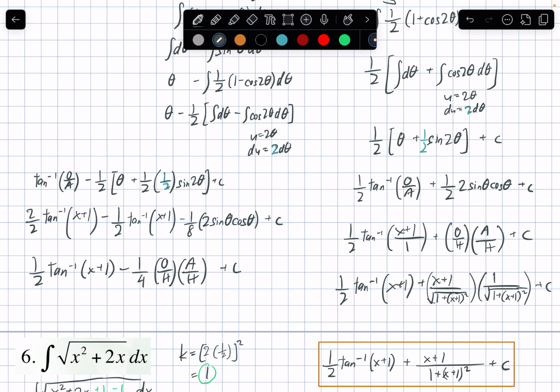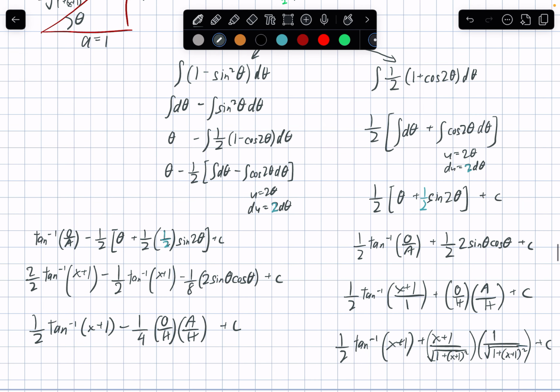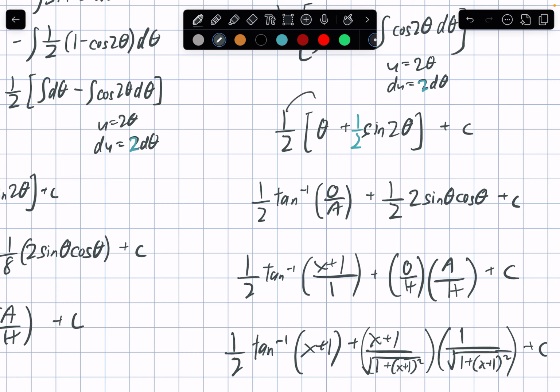Let's see. Wait a minute. Earlier, if you distribute 1/2, this is supposedly 1 over 4.